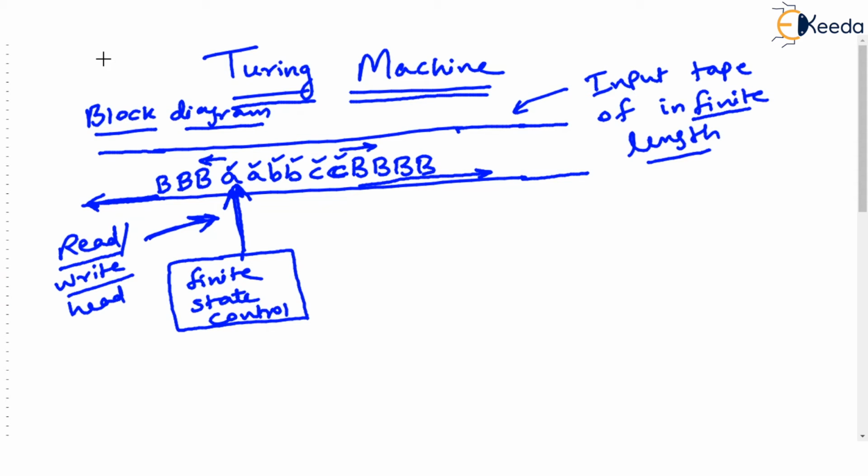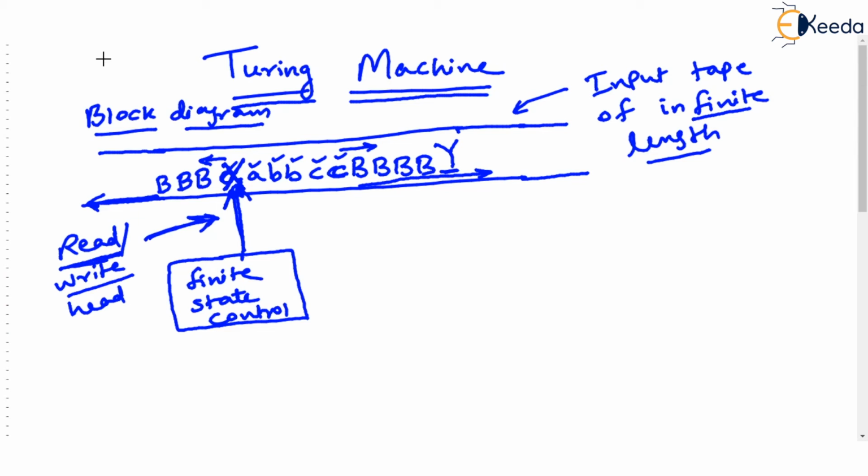What it means is that at any point of time, the Turing machine can write something on the tape. By write, I mean it can even overwrite some input. For example, the input originally was A, and the Turing machine decides to overwrite it with capital X, or the Turing machine can go to this particular location here and write something like Y. So at any point of the tape, the Turing machine can write new symbols or read symbols.